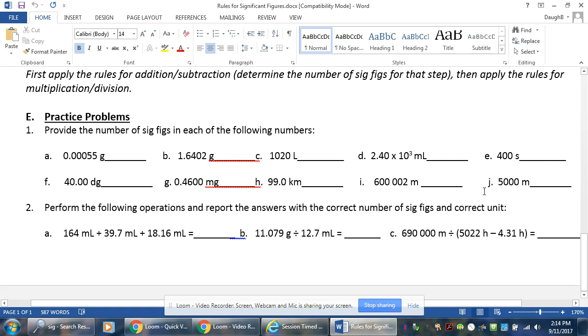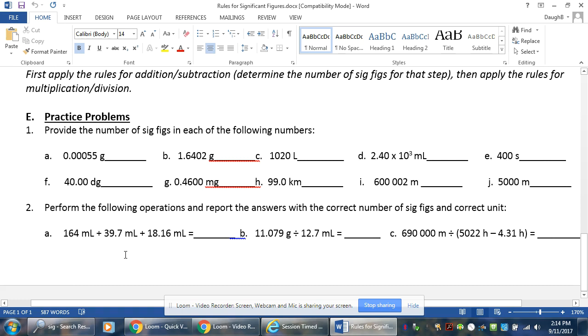Perform the operations and report the answers with the correct number of sig figs and correct unit. I'll let you do the math, but I just want to talk about significant figures here. Okay. Remember, A here, it has to do with which one is most and least precise.